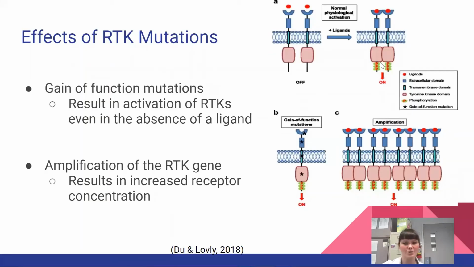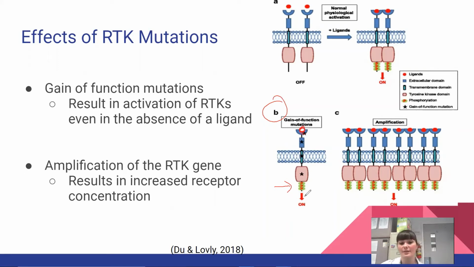So when mutations occur in genes that code for RTKs, a bunch of things can happen. Some of these mutations could cause gains of function, which would result in the activation of RTKs, even in the absence of their ligand, which is what we're seeing over here in figure B. So what we're observing in this particular diagram is that this complex down here is active, but there is no ligand bonded here.